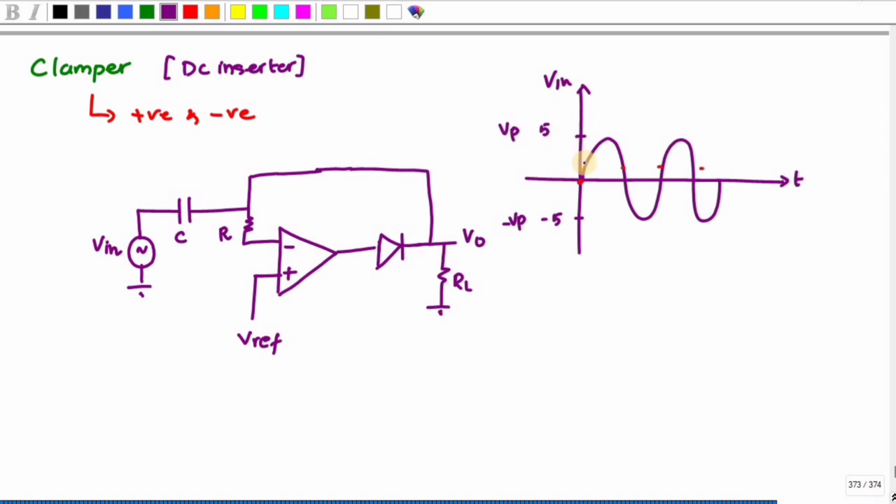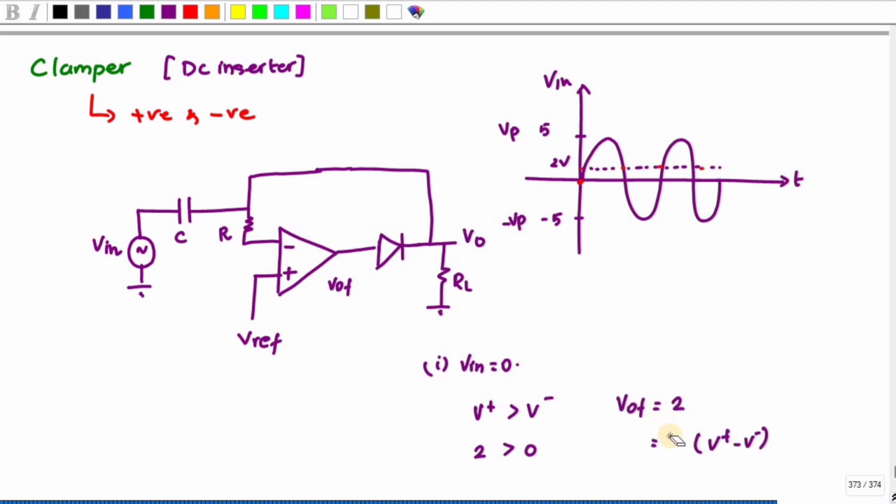Now I am going to take my V reference as 2 volt. Initially, let me take the V in value equal to 0. If V in is 0, I can see V plus is greater than V minus, right? Since V plus is given to V reference and its value is 2, and V minus value is 0, in the VOF you will get the answer as 2, because VOF is equal to V plus minus V minus, that is equal to 2 volt.